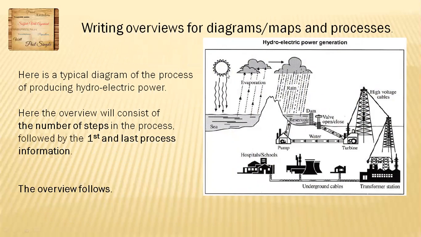So here is a typical process. It's the generation of hydroelectric power. So the sea water evaporates, forms clouds, clouds rain into the reservoir.